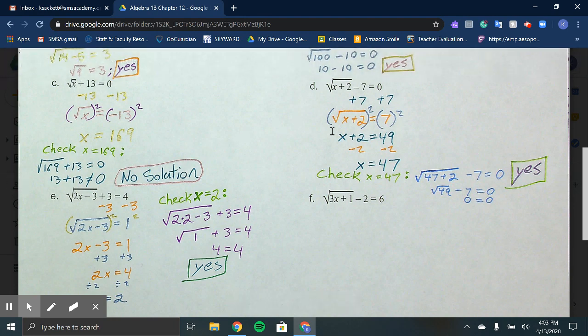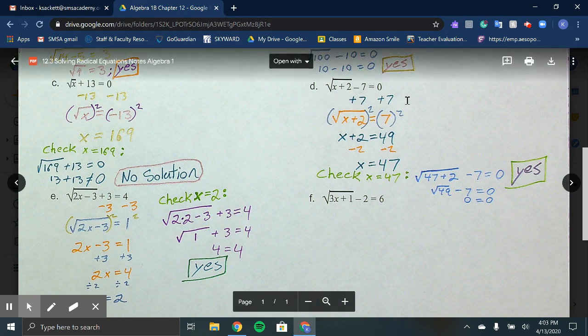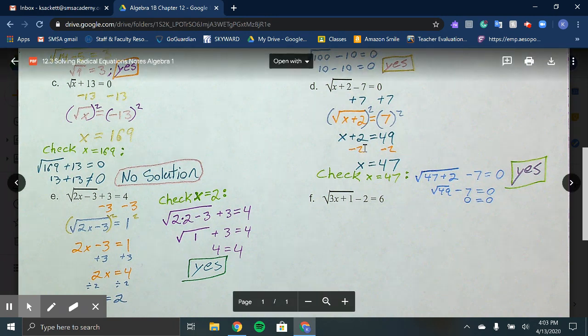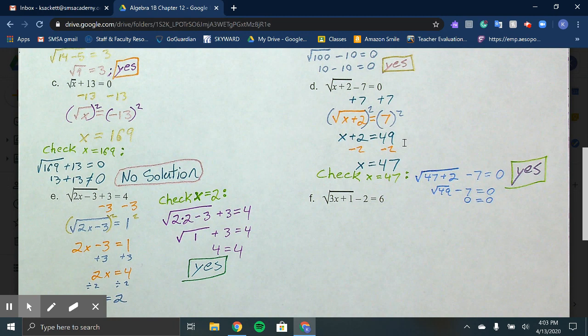Moving to D. In D, we have to get the radical alone first, so we add our 7 to each side, and we have the square root of x plus 2 equals 7. Square each side, so we have x plus 2 equals 49. Then get x alone, so subtract 2 from each side, and x equals 47.